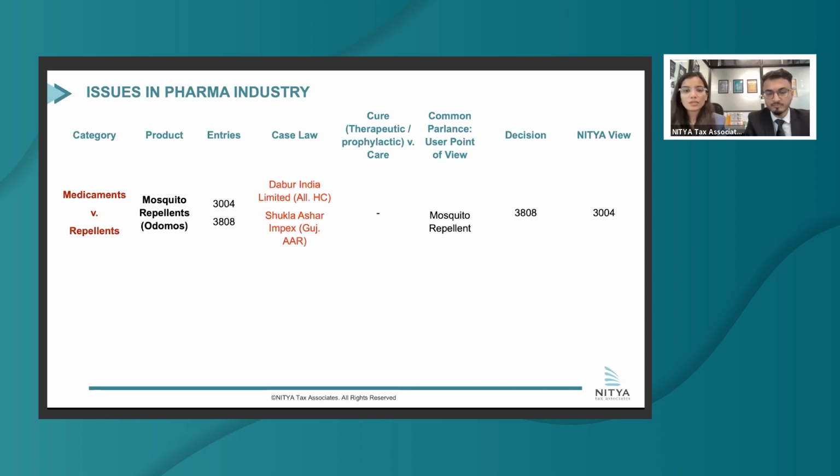And in our view, since even Odomos prevents you from being bitten by a mosquito and then getting dengue, etc., in all these cases they have a preventive function against a disease, and hence we can definitely contest, basis the facts and other parameters, that they should be classifiable under medicaments and attract a lower rate of duties.